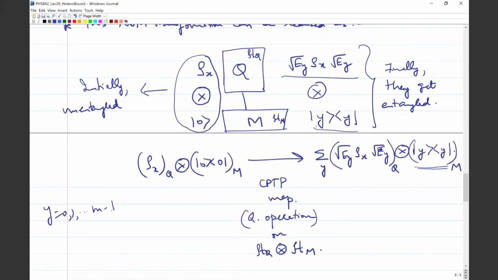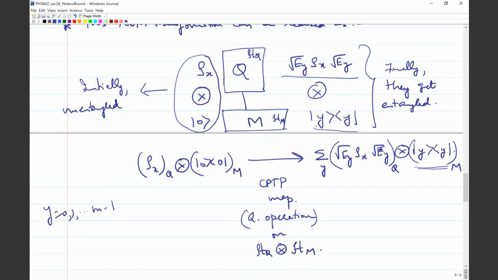So it can either go from 0 to 1 or 0 to 2, or it can remain in 0, or it can go from 0 to something, m minus 2, whatever it is. So this is just a permutation of the basis, right? Because I've picked some basis. So sometimes this is called a pointer basis, right?